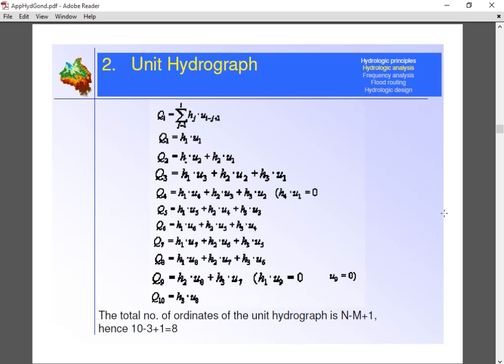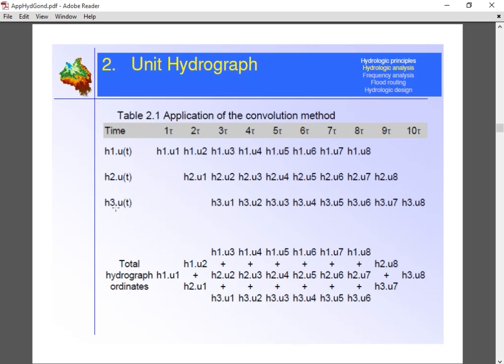If we summarize this, the discharge Qi is the sum of Hj times U(i minus j plus 1). For instance, Q1 is H1 times U1, and Q2 at time t2 is H1 U2 plus H2 U1.